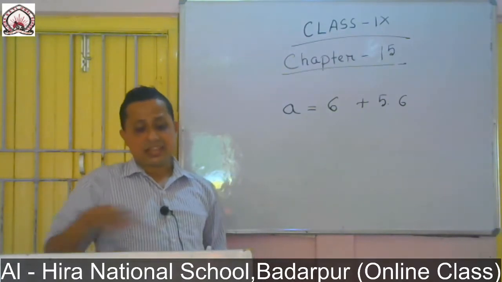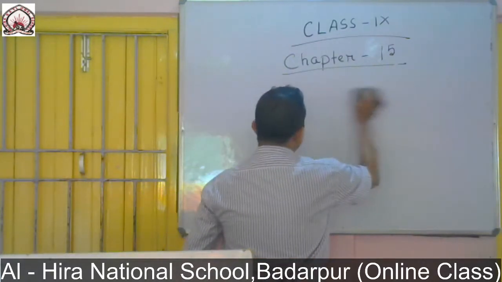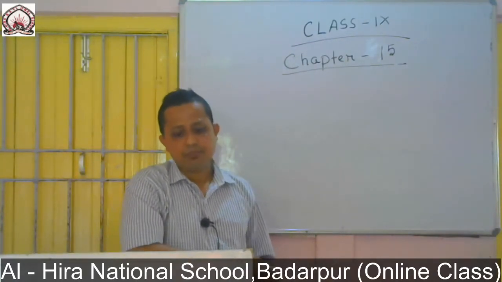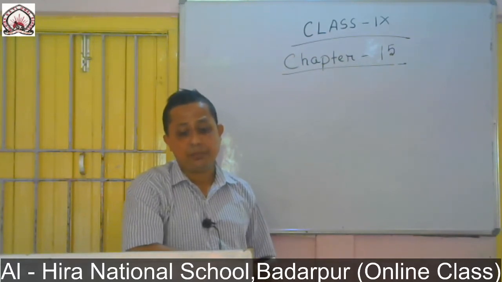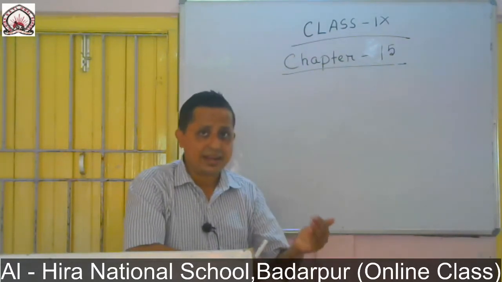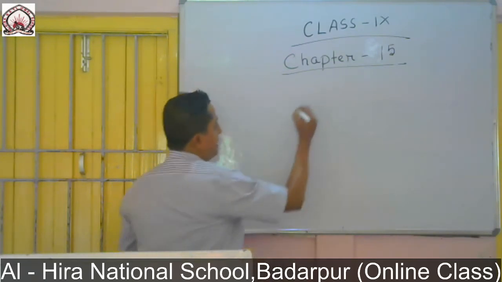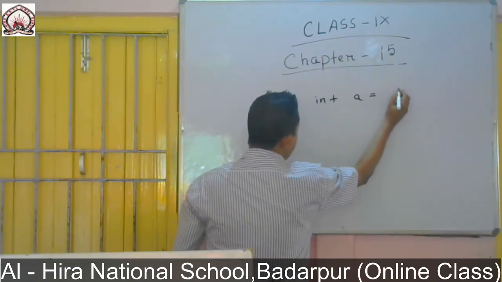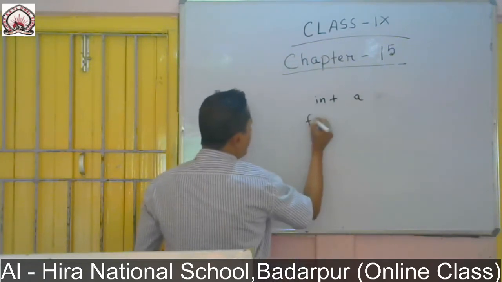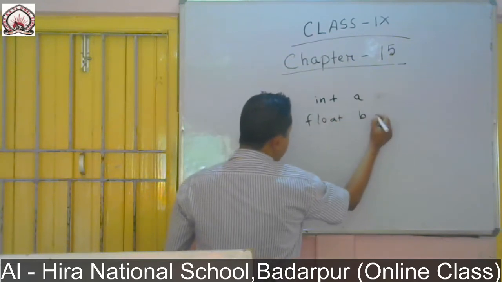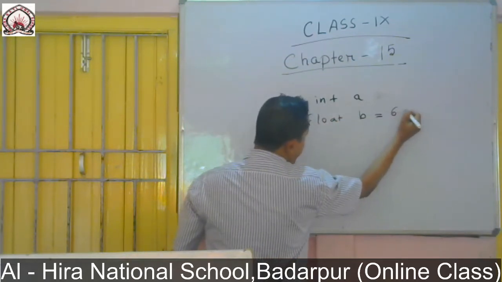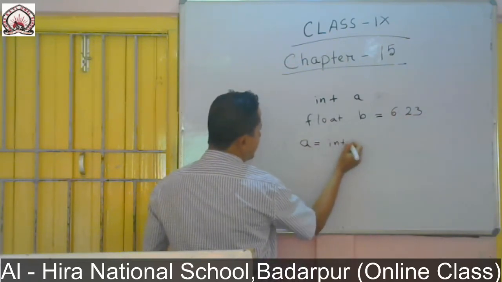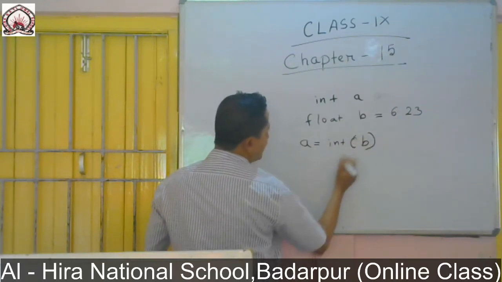Next, explicit conversion. Explicit conversion is also known as typecasting, which allows us to convert a data type of a given type to another. For example, int a, float b is equal to 6.23. If I write a is equal to int of b, the answer will be 6.